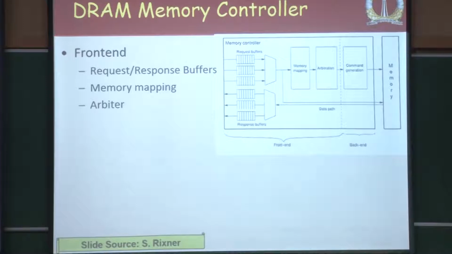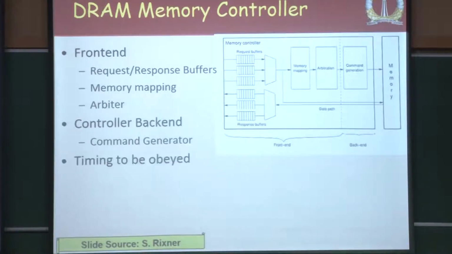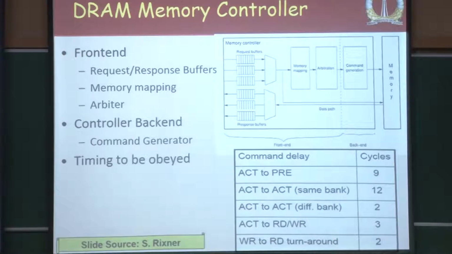You can think of this as having the front end and the back end, the controller and the back end. And here are some examples, a number of cycles for each one of these activities. As I mentioned, you could think that activate takes 10 cycles, precharge takes 10 cycles, and read or write takes maybe 8 cycles.